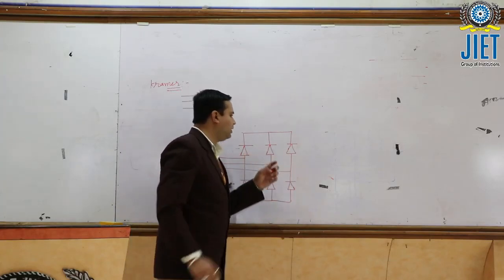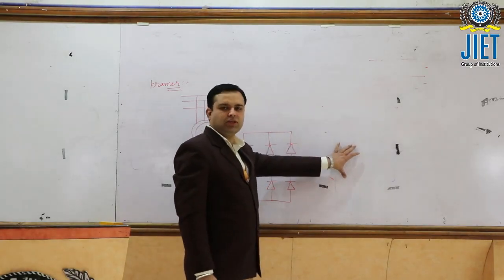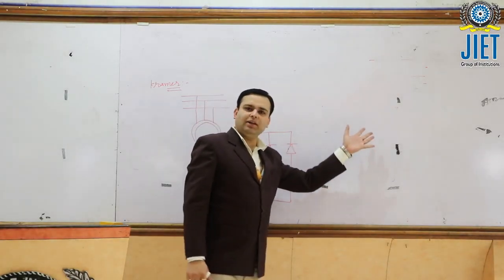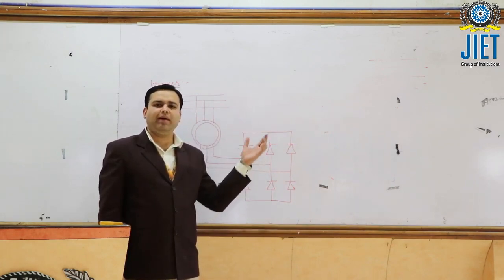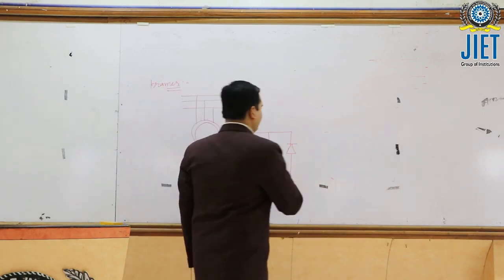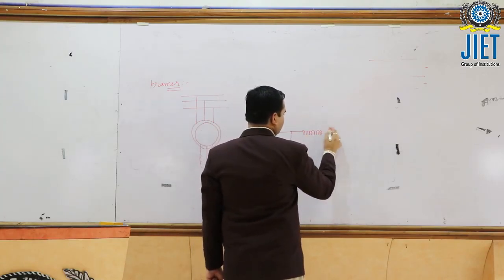Now in the previous one, we connected an inductor here, then a thyristor bridge, then the transformer, and supply was given back to the source. In this particular method of the Kramer drive system, we have the DC link inductor.